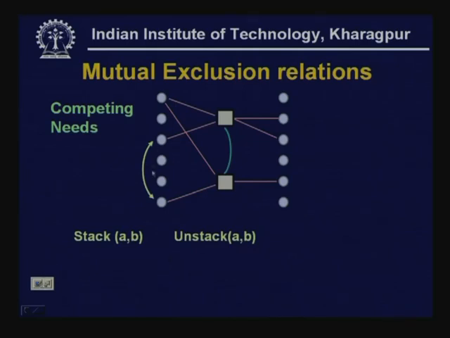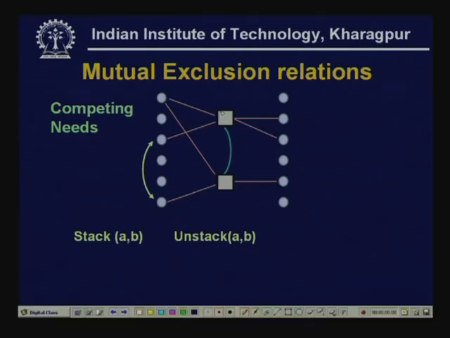Suppose we have these two actions A1 and A2. We say that A1 and A2 are mutex if their preconditions, suppose this is a precondition of A1 and this is a precondition of A2, are mutex, then these two actions must also be mutex.